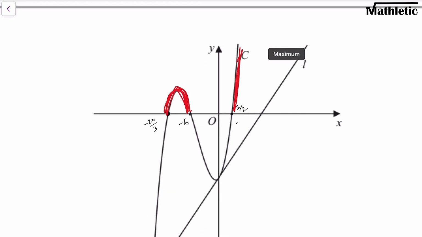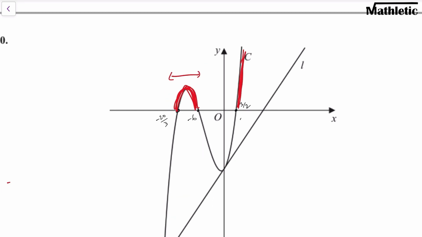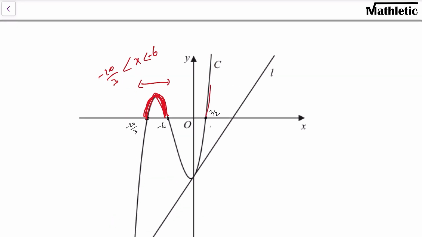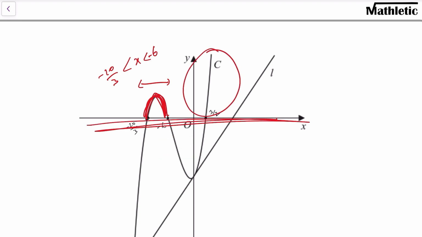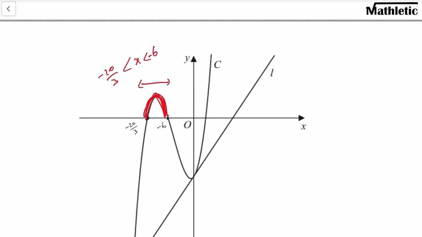If I explain the range for this portion only, x is greater than -20/3 and less than -6, and for this part it's towards the right of 3/2, right? This is 3/2, so it's greater than 3/2, because less than 3/2 means the left side. We are not talking about this. We need to take the portion above the x-axis. So this is the part we need to select.